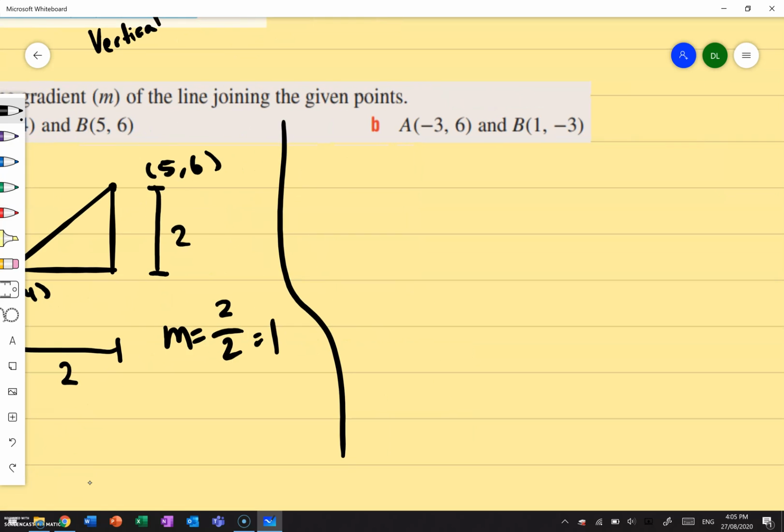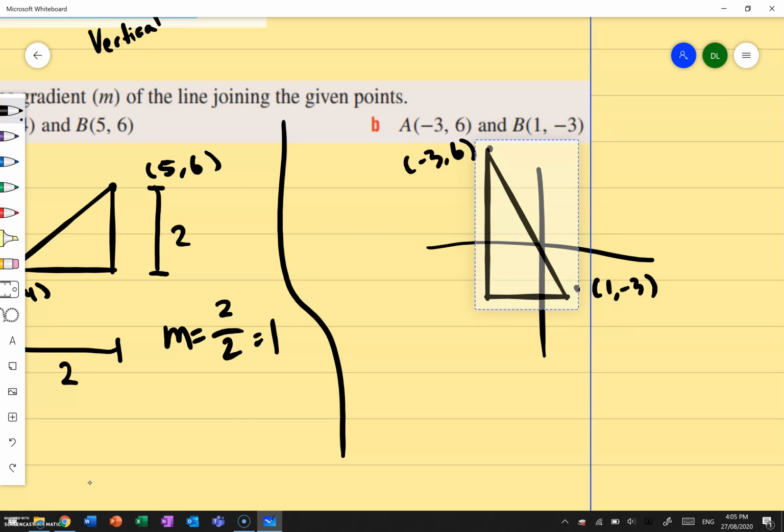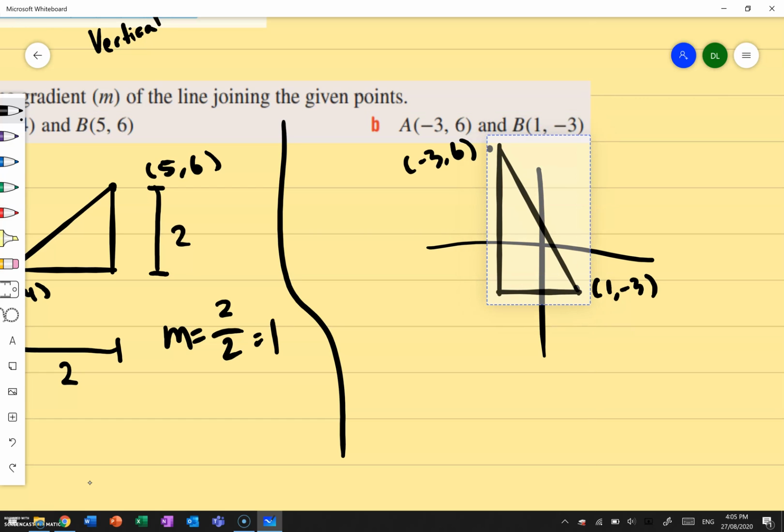So over here, I've got (-3, 6). On my graph, (-3, 6) would be like over here. And then I've got (1, -3). So (1, -3) would probably be about there. Once again, I draw my triangle. There we go. I'm going to try and make that look okay. That'll do.